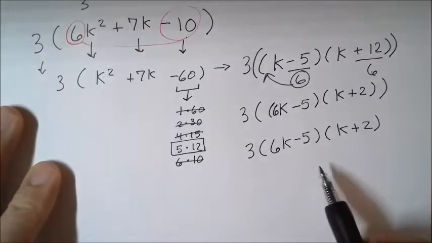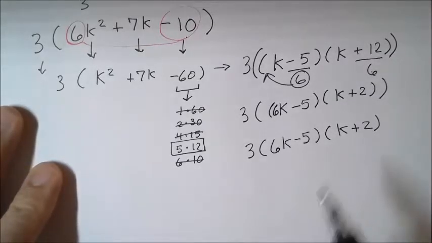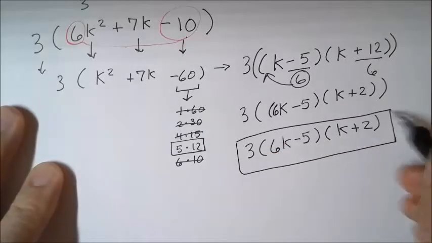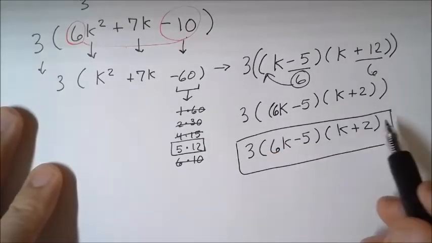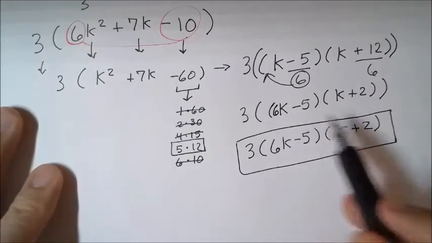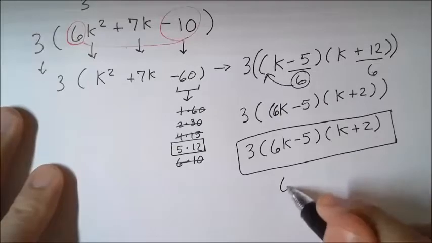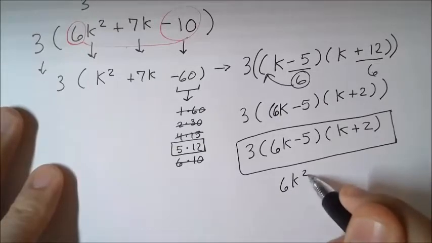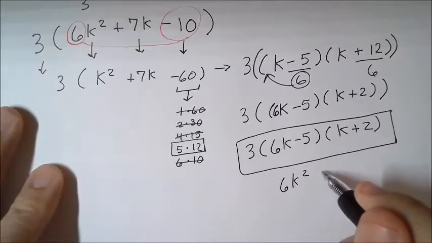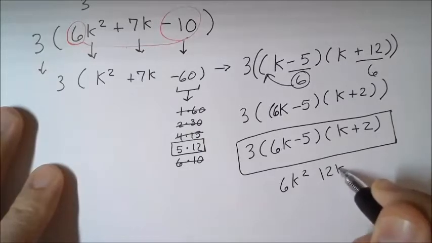Now, if you wanted to check your answer, if you said, you know what, I think this is the answer, but I'm not absolutely positive it is the answer, we could double check it. We could go ahead and multiply this out. For instance, I could say, okay, well, 6k times k would give me 6k squared. 6k times 2 would give me 12k.